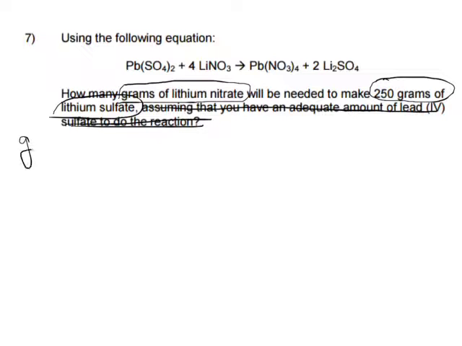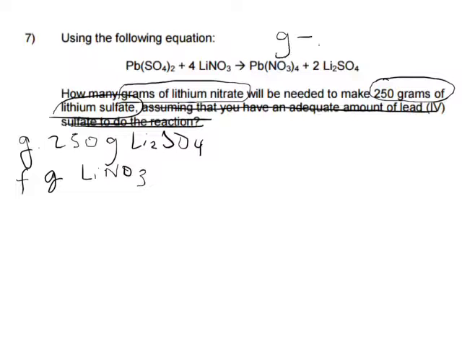So our given is 250 grams of lithium sulfate, and what we're trying to find is grams of lithium nitrate. We're starting in grams, we're ending in grams, which makes this a gram-gram problem.